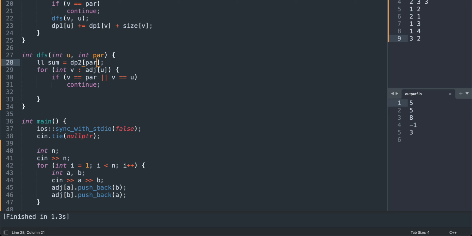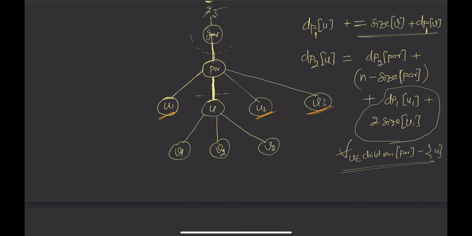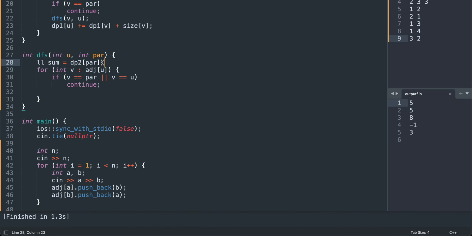I want to calculate dp2 of u in this call, right? And minus size of parent. And minus what will be the n here?